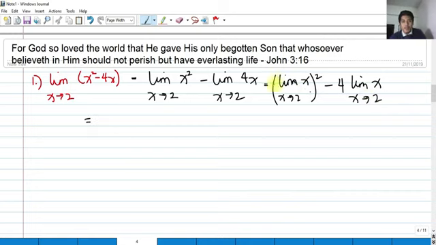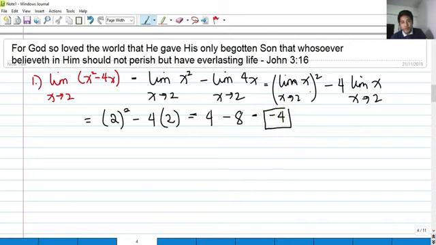If we evaluate the limit of x as x approaches 2, it becomes 2 because of the property. So we have 2 squared minus 4 multiplied by the limit of x as x approaches 2. Simply, we substitute the value of 2 for x by property. So 4 minus 4 times 2 is 8, and that results to negative 4.